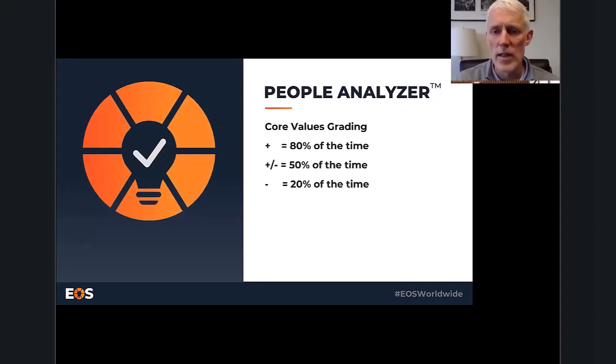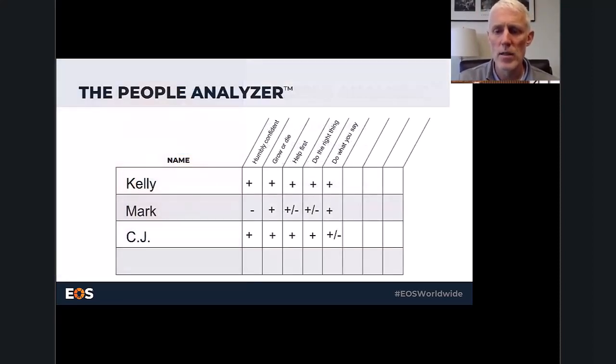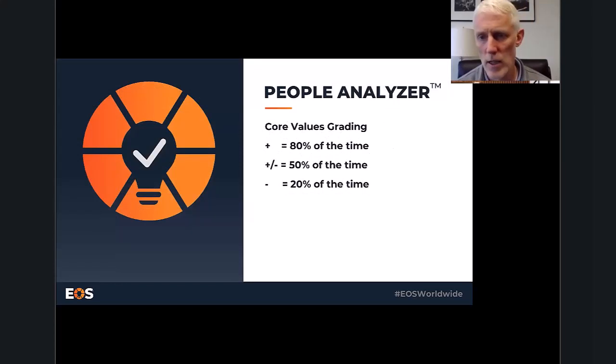So the way we grade these is pretty simplistic, but makes a lot of sense. We're trying to keep things simple and not over-engineer or overthink these things. So in our grading scales, we go through to grade our people. A plus simply means 80% or more of the time they are living these core values.